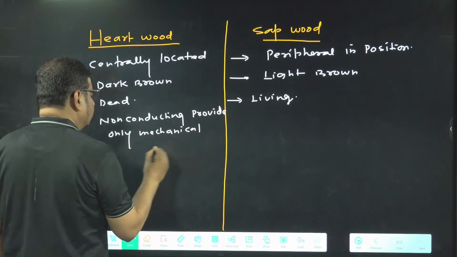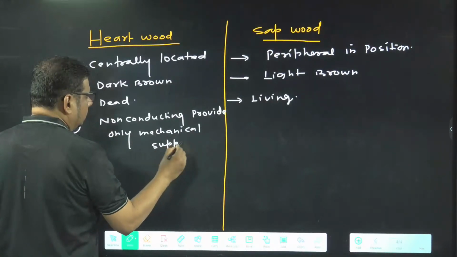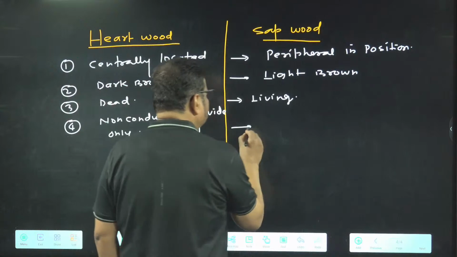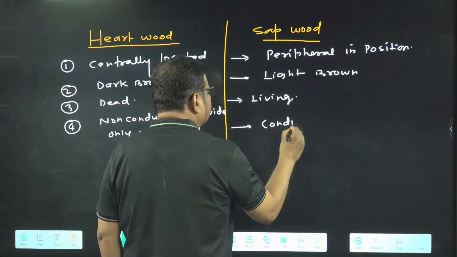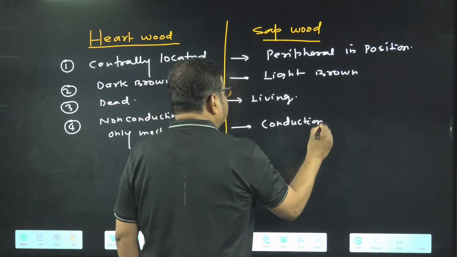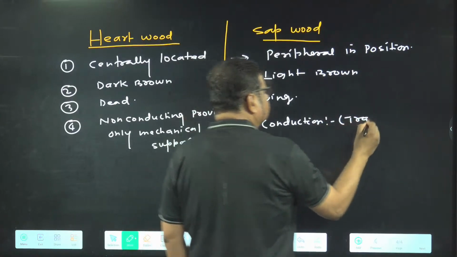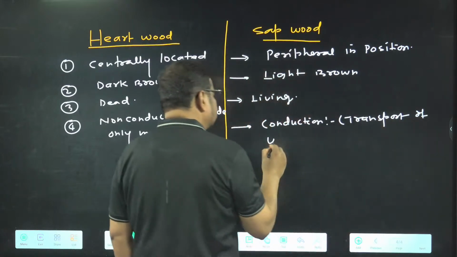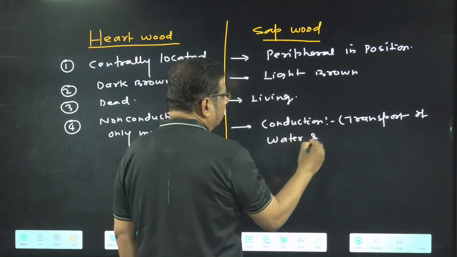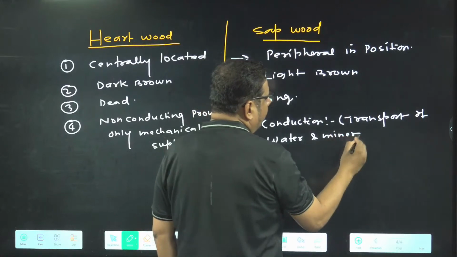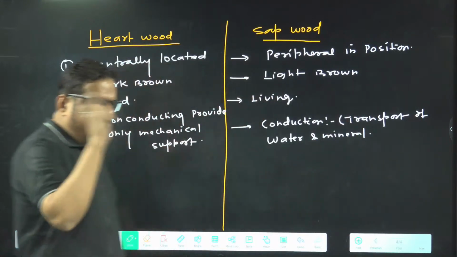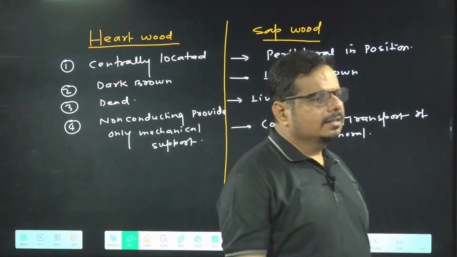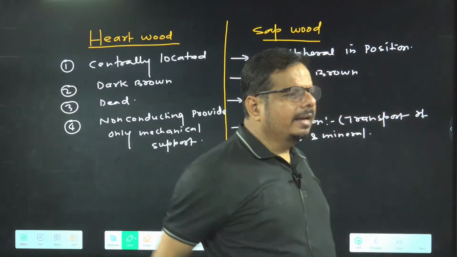If you talk about sapwood, it is conducting. Conducting means transport of water and minerals. It is performed by which wood? Sapwood, the peripheral layer.